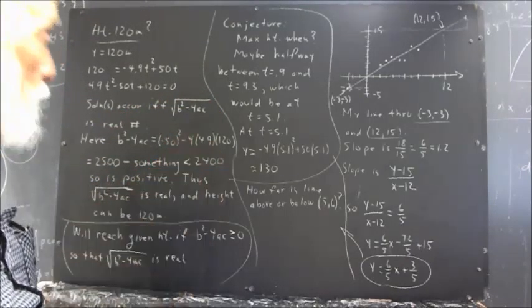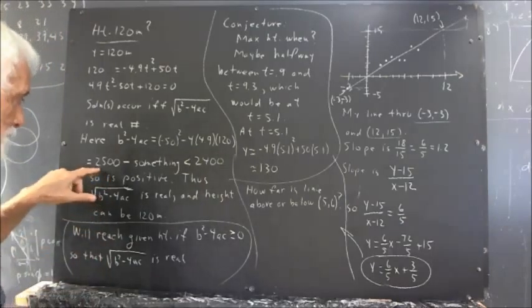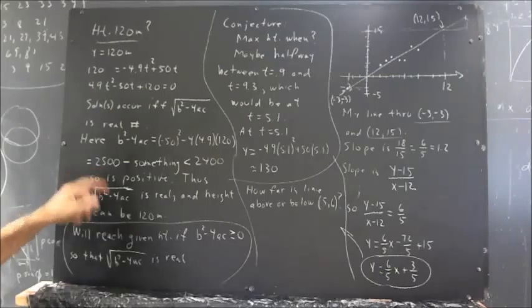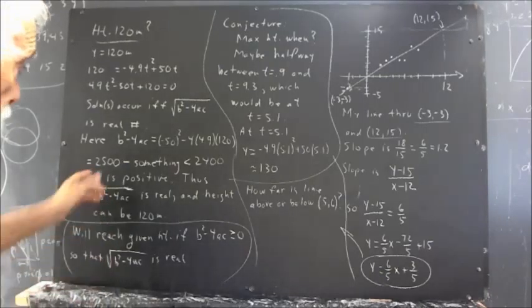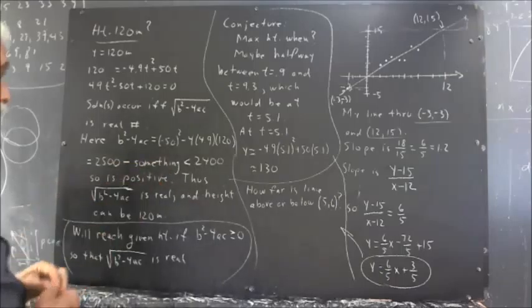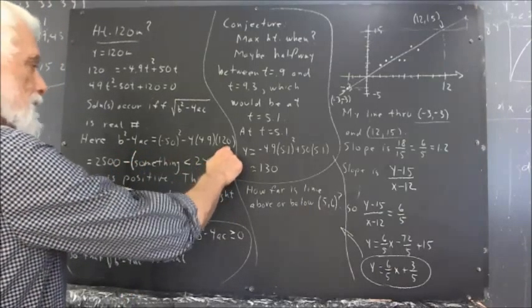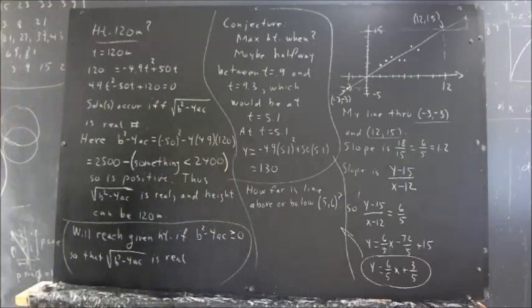Even if it was 2400, still when you subtract it from 2500, and I should probably put some parentheses, when you subtract it from 2500, you're going to get a positive number. Okay, so I need to write it like this, because as it was, it indicated an inequality that I did not intend.